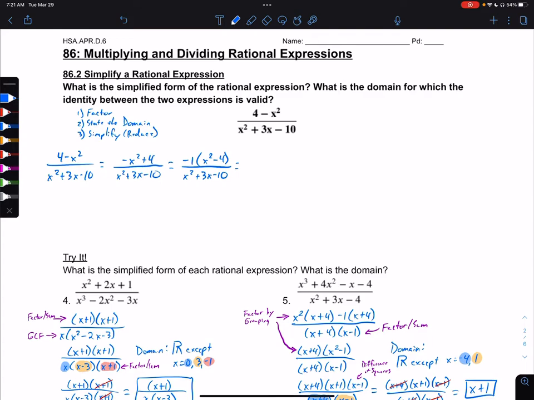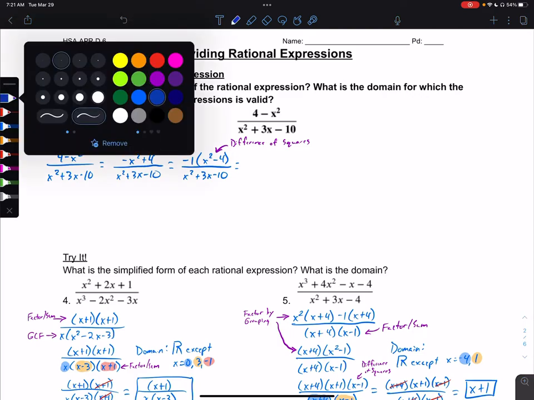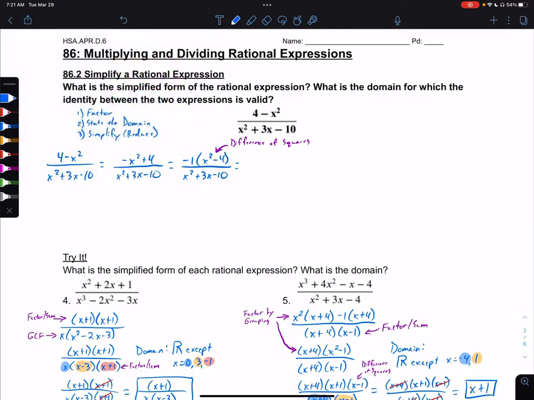Okay, so up top here, let's write this in purple. This x squared minus 4 is the difference of squares. x squared is a perfect square, we have a subtraction sign between, and the 4 is a perfect square. So my numerator is factored into the square root of each of those.